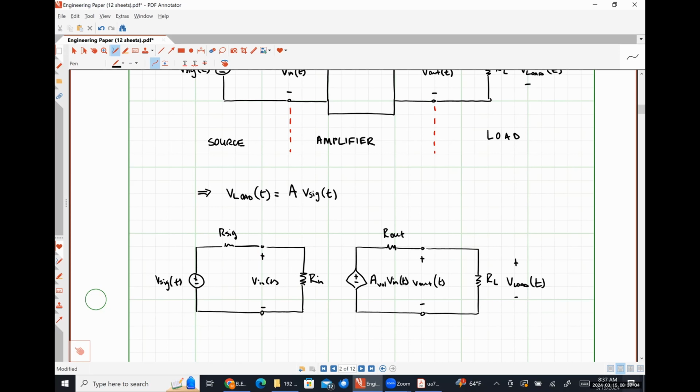So the output voltage is going to be a scaled version of our signal voltage, but it's going to be influenced by the amplifier itself, the middle section, as well as our signal input resistance and our load resistance. So we have a pretty good understanding now of what's going to go into effectively any voltage amplifier circuit that we could ever have.